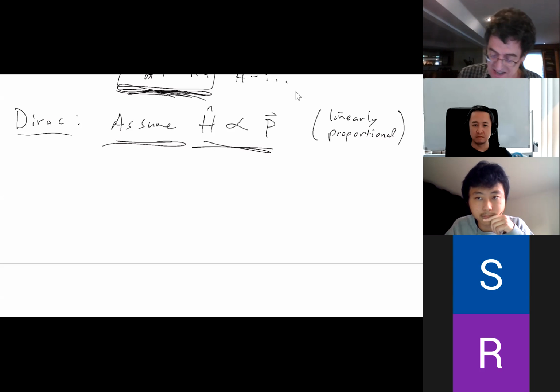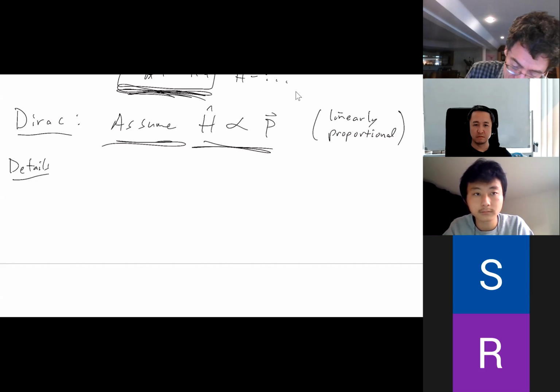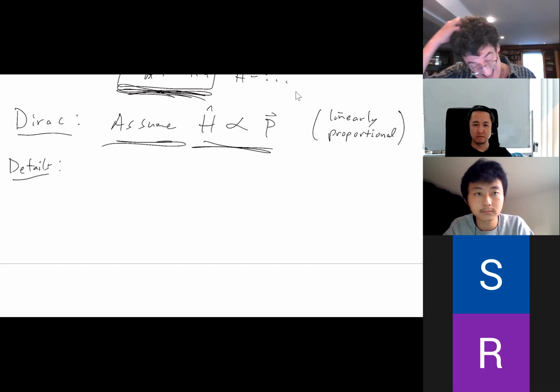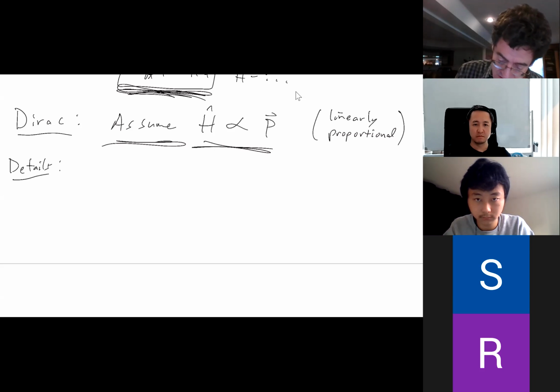But so now let's do the details. It turns out that to say that the Hamiltonian is proportional to momentum is not as trivial as you might think. It is a very simple, beautiful, intuitive concept, but to work out the math is non-trivial.